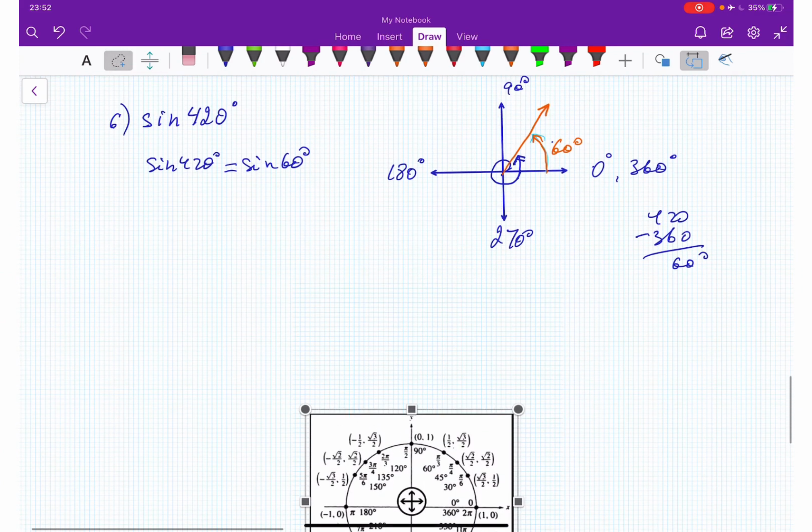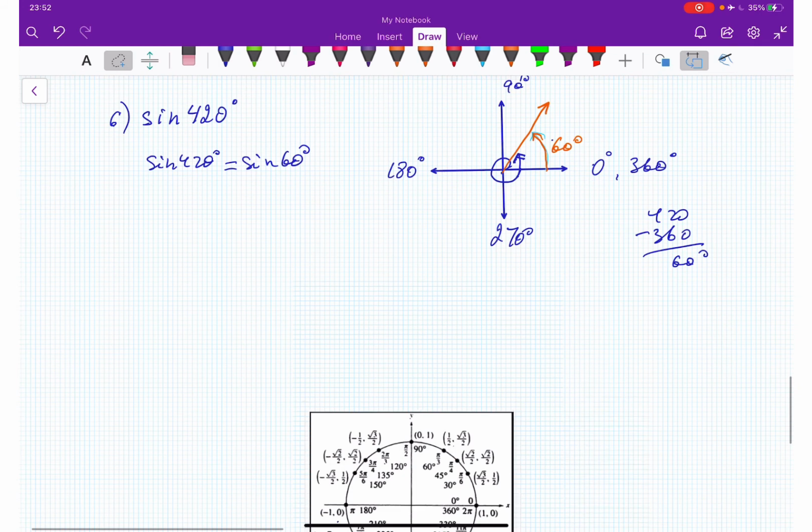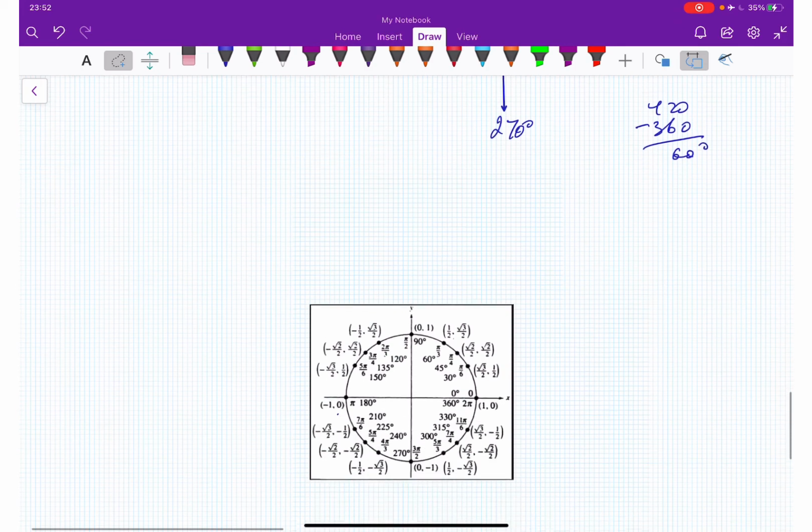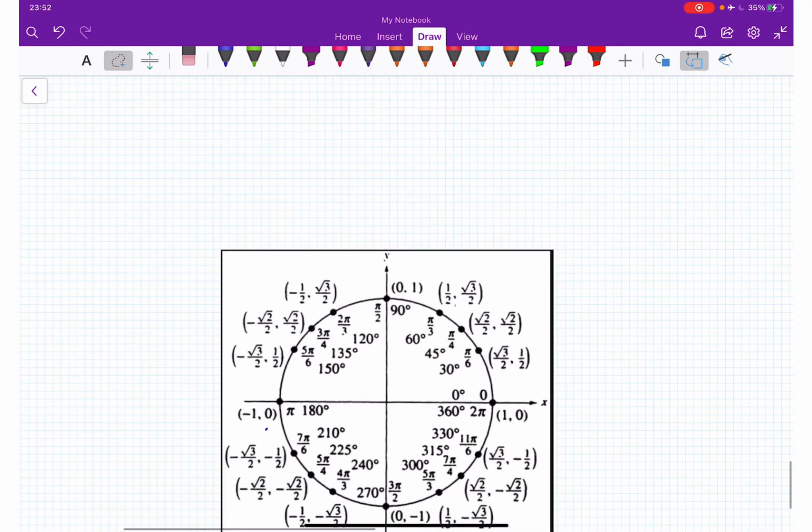All right, so we need sine 60 degrees. Okay, where is my 60 degrees? Here it is, 60 degrees. So first in parentheses comes cosine, and then sine x.